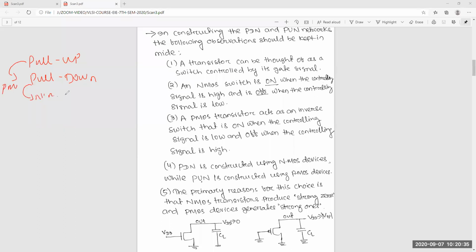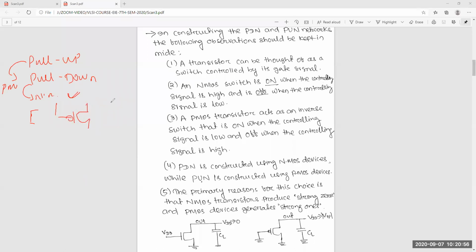When we do the analysis, we think of the transistors as a switch with some finite resistance.